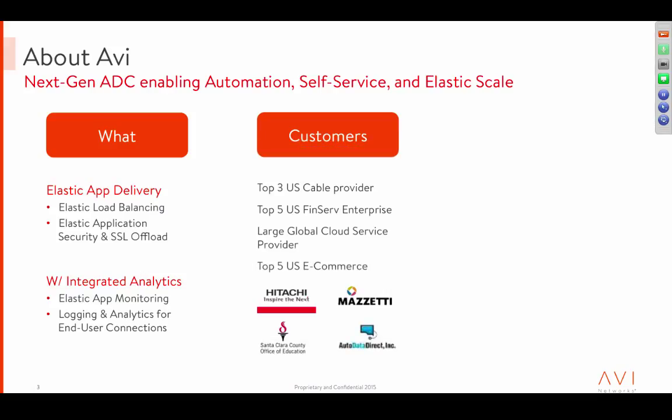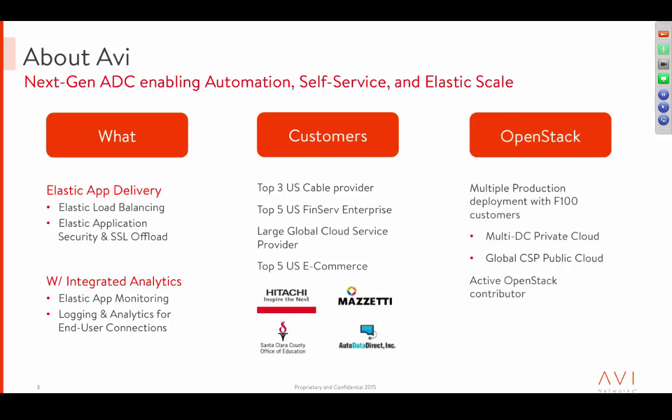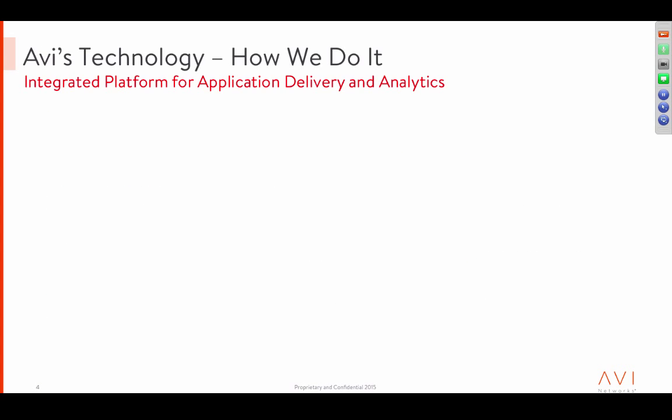Avi is deployed in major Fortune 100 to Fortune 500 customers, including top 3 US cable providers, financial services enterprises, US e-commerce companies, and large CSPs. Specific to OpenStack, Avi has multiple production deployments with Fortune 100 customers, including multi-data center private cloud and global CSP public cloud deployment. And Praveen here is an active OpenStack contributor.